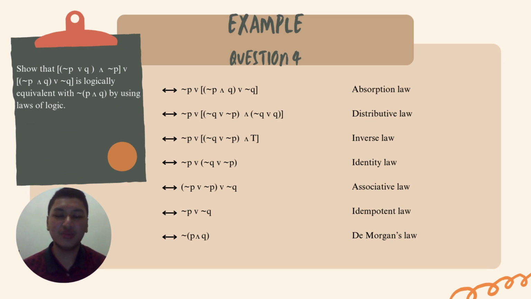So it will become ¬(P ∧ Q). We need to use De Morgan's here because we want to fulfill what the question wants, which is to be logically equivalent with ¬(P ∧ Q).